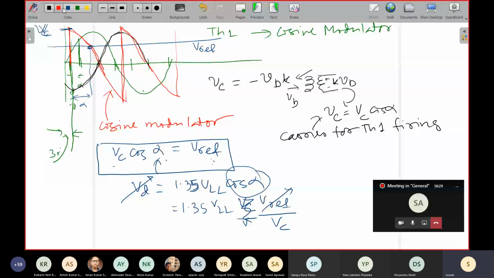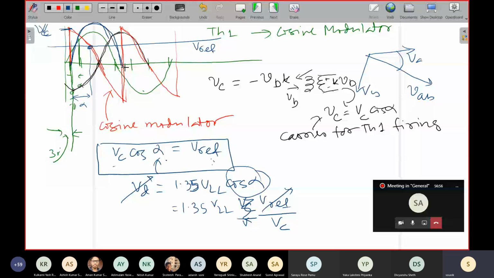You can see that if I draw the VAB waveform, which is positive, VAB is VA minus VB. VAB is 30 degrees lagging. So VAB 0 is here. It may have a higher magnitude, but that doesn't matter.